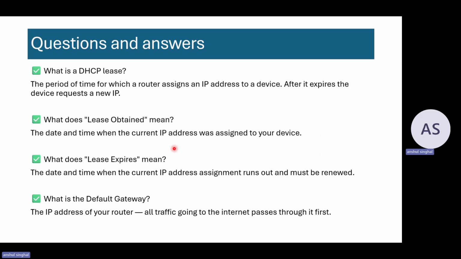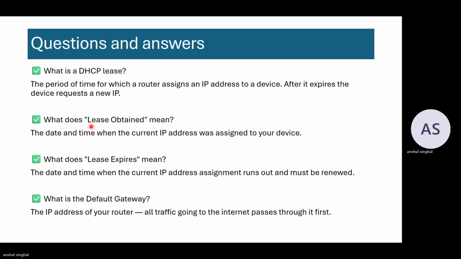So it is the period of time for which a router assigns an IP address to a device. As soon as this time expires, there is going to be a new IP address for this device. Now that new IP address can still be the same as this one, but it will get renewed. So that is what the lease is all about.